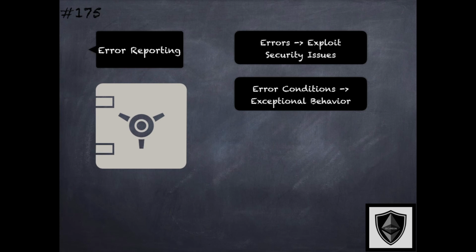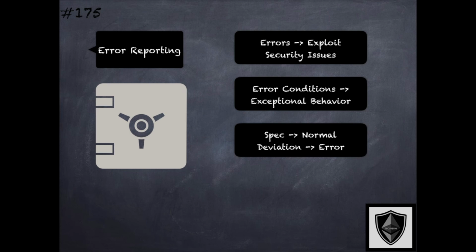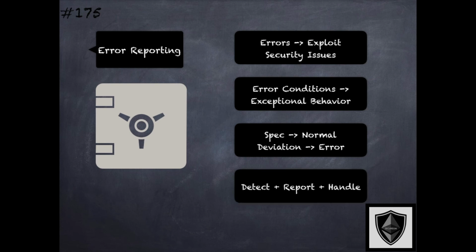At a high level, security exploits almost always focus on exceptional behavior that is normally not encountered or validated or noticed. Such exceptional behavior is what is anticipated, caught, and reported by error conditions, and any deviations from the specification are errors that should be detected, reported, and handled appropriately by the implementation.